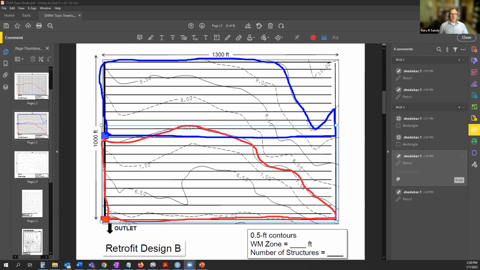So I want to make sure everybody's clear on why the laterals that are on the right side of this zone 1 are left out, don't belong in either zone. And I want to make sure people understand that, because it's common.